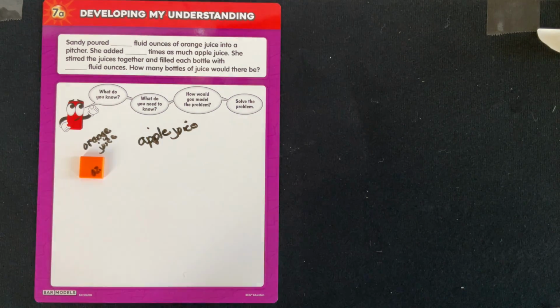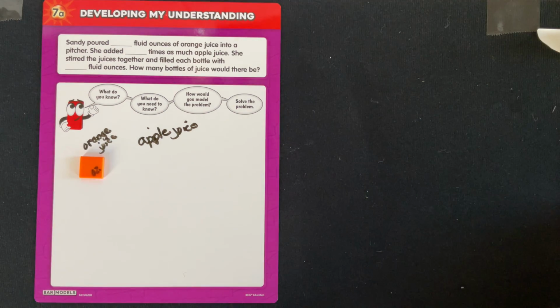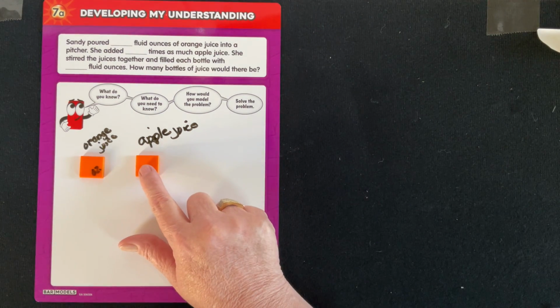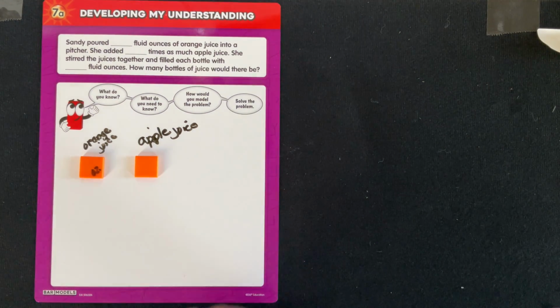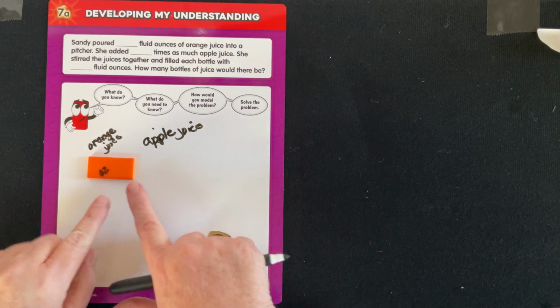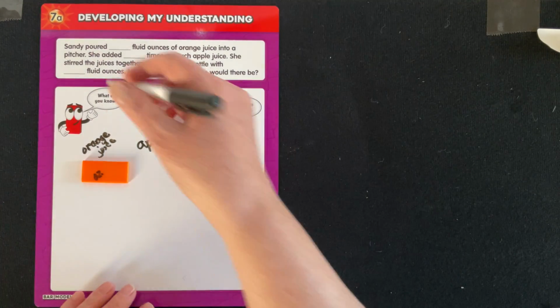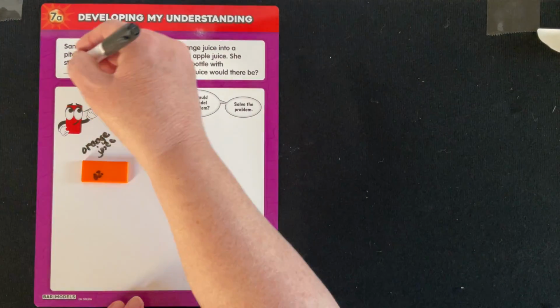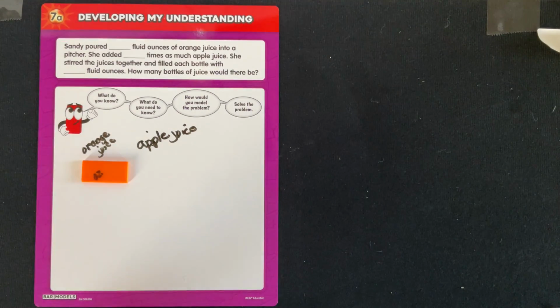That's right, that's going to be joining. So I'm at least going to have so many ounces of apple juice, but I don't know exactly how many. But we are going to be joining these together, because that's the same thing as stirring. It says stir the juices together.